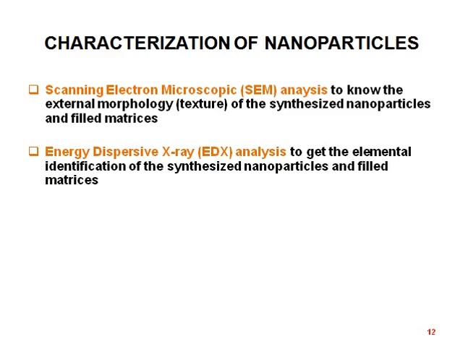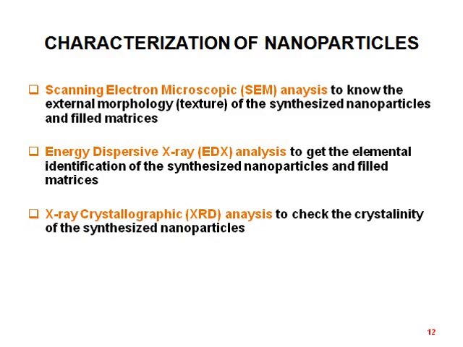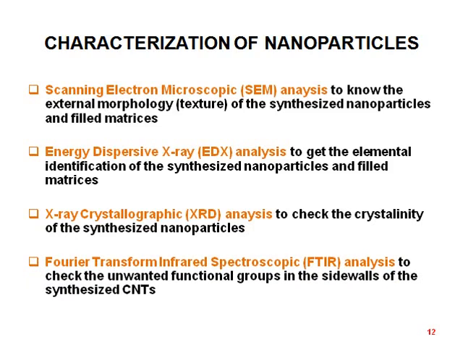Second one is energy dispersive X-ray analysis to get the elemental identification of the synthesized nanoparticles and the filled matrices. Next, X-ray crystallographic analysis to check the crystallinity of the synthesized nanoparticles. And Fourier transform infrared spectroscopic analysis to check the unwanted functional groups in the sidewalls of the synthesized CNTs.